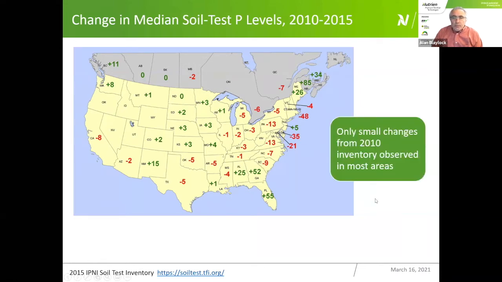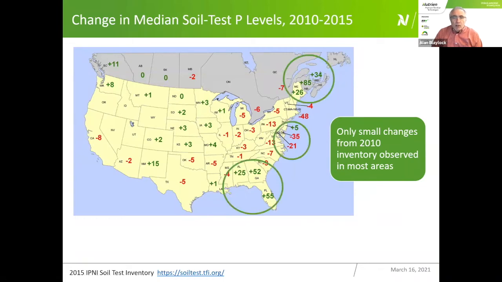And so in many areas, it's not changing a lot, but there are some areas where some things jump out at us. And I look at Florida particularly. Now, it's not surprising that a lot of soils in Florida would be high in phosphorus. That's where a lot of our phosphorus mines are.